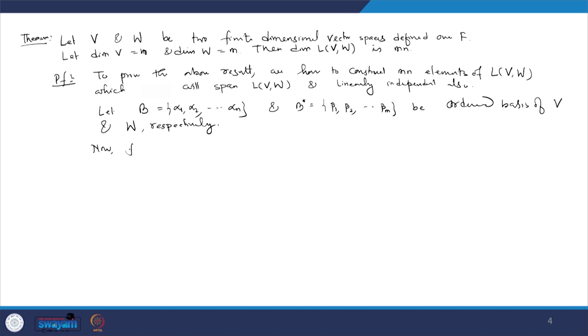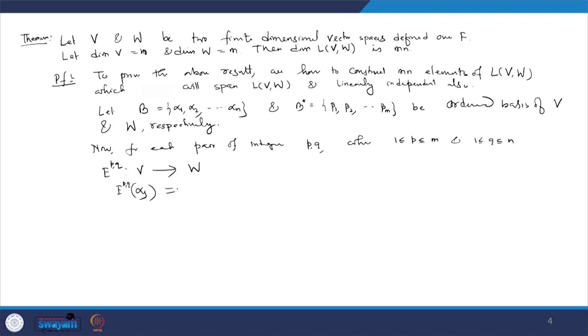Now, for each pair of integers p, q where 1 less than or equal to p less than or equal to m and 1 less than or equal to q less than or equal to n, consider a function E_pq from V to W defined by: E_pq of alpha j is 0 if j is not equal to q, and equal to beta p if j equals q.